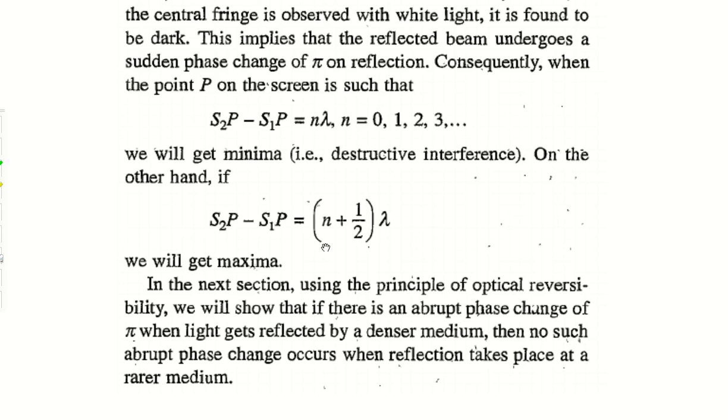Next, the fringe width is calculated, and after that, if we place a thin sheet of glass plate between the screen and the coherent sources, it will shift the whole fringe pattern by a constant amount.